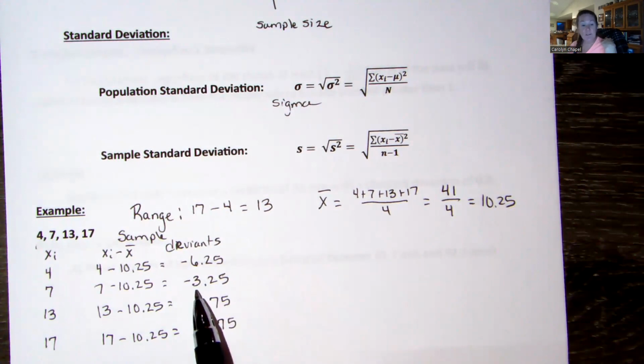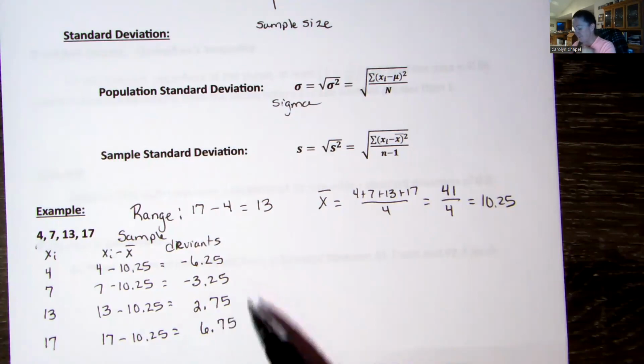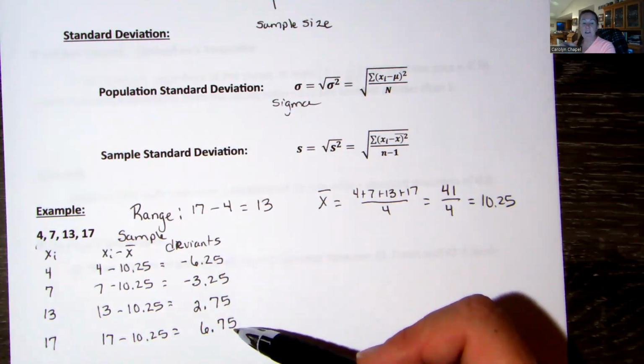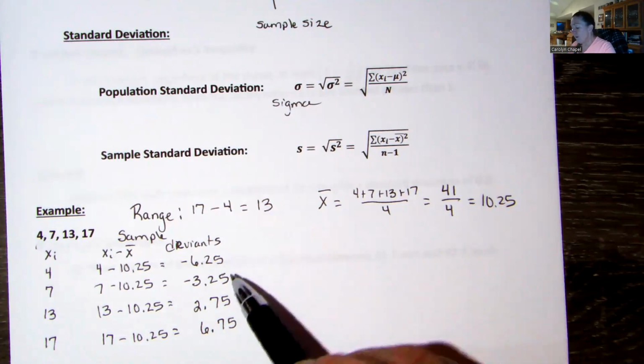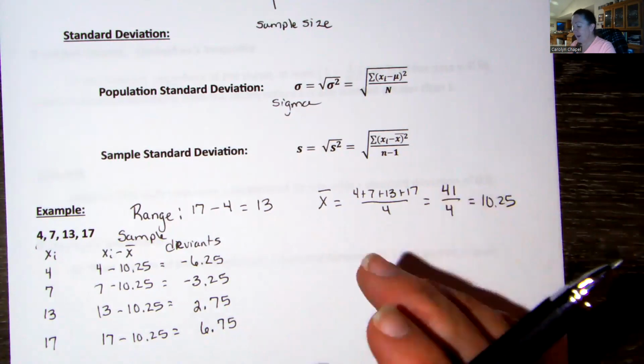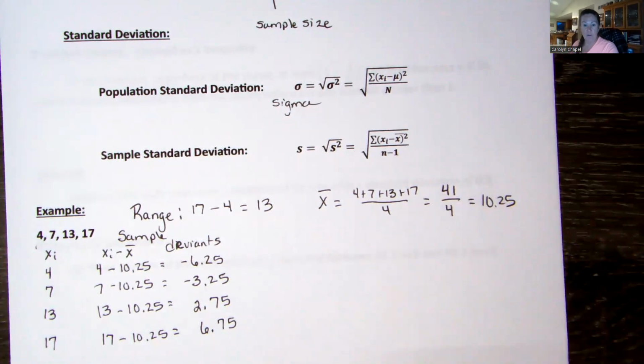The 7 is 3.25 units smaller than the mean. 13, since this is a positive, is 2.75 units larger than the mean. So these values are called deviance, how far these things differ from the mean. What the standard deviation does for us is it's an average of these values, so to speak.